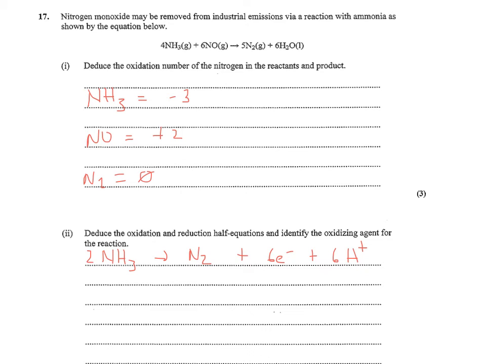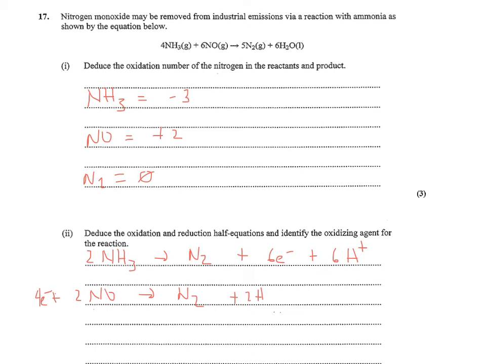And then the NO is going to become N2. And again, I'll need 2 NO for this to happen. And since it's gaining, it's going from a +2 to a 0, it's gaining 2 electrons, or a total of 4 electrons in this case. And I'm going to need an H2O over here to balance it.